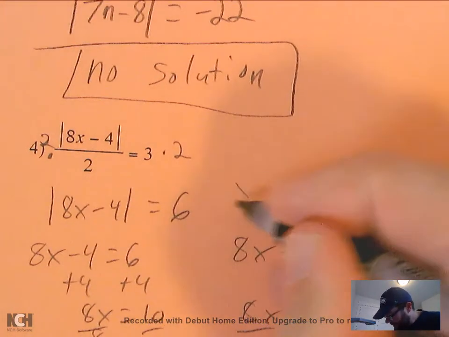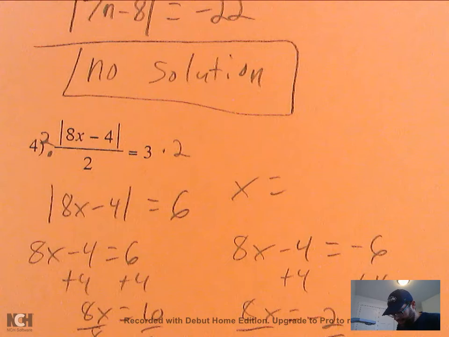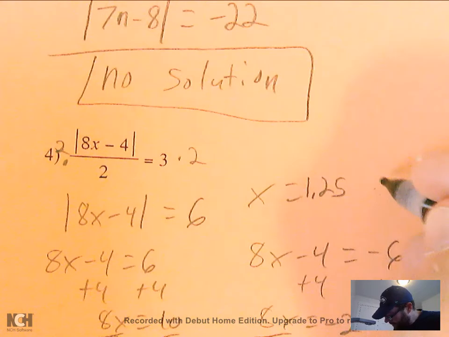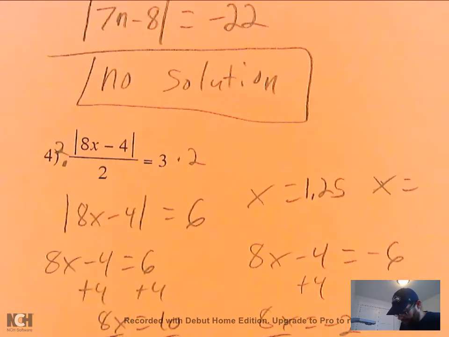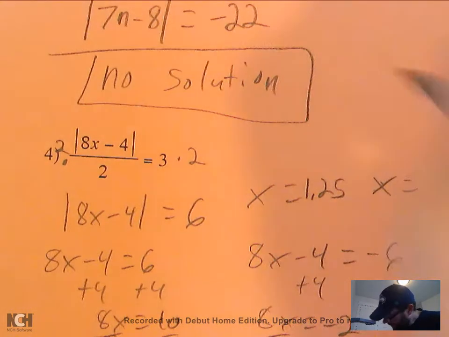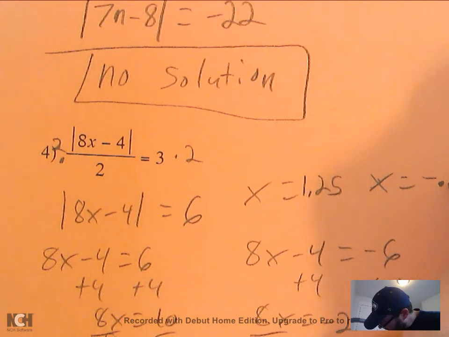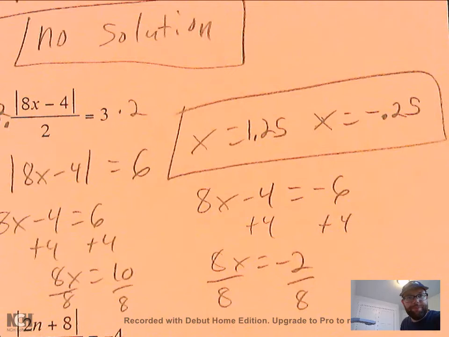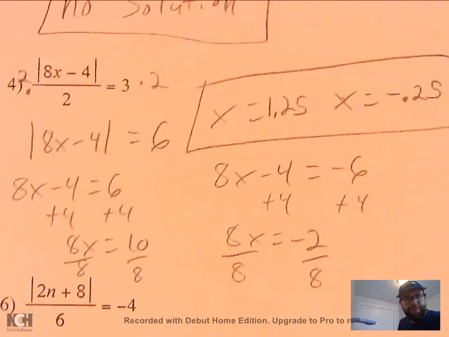So x could equal 10 divided by 8, which is 1.25, or x could equal negative 2 divided by 8, which is negative 0.25. And that would be your answers.